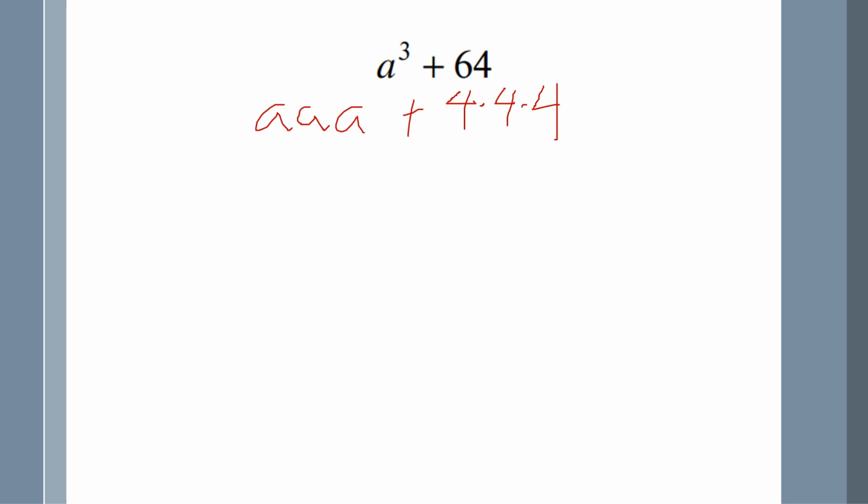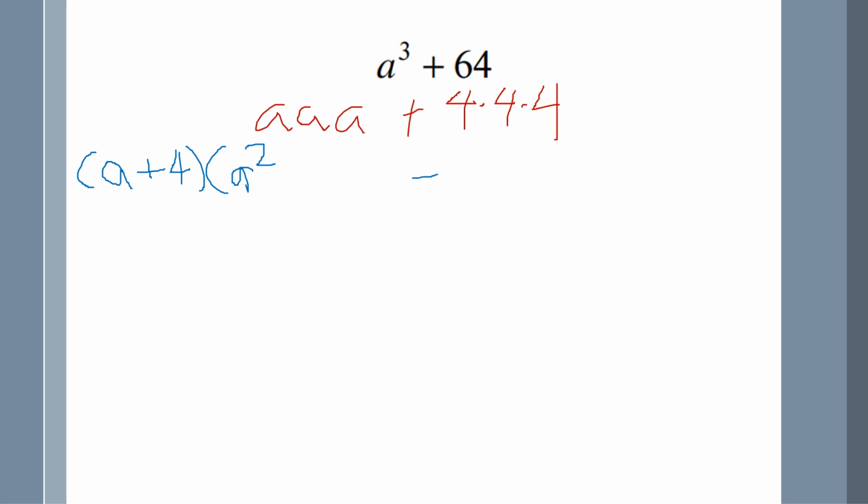Alright, now I know you should have in your front parentheses a plus 4. And by the way, if you have not done this, pause the video now and do this on your own. So a plus 4 in the front, and then here you're going to have a squared because you're going to have 2 a's in the back.